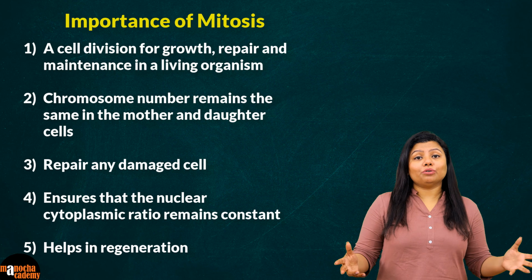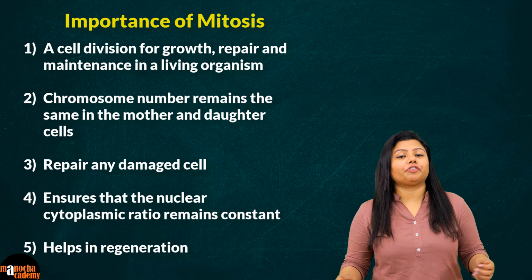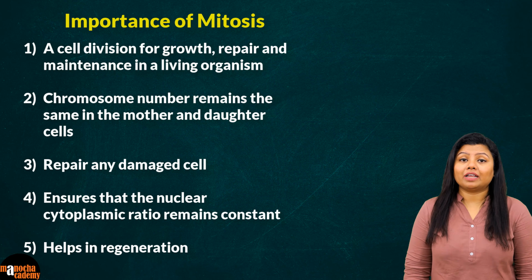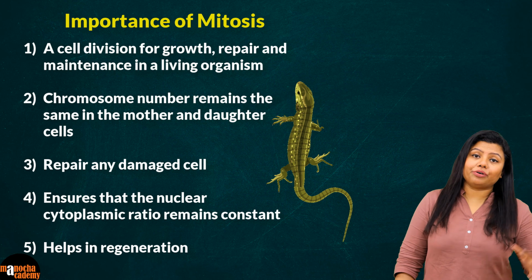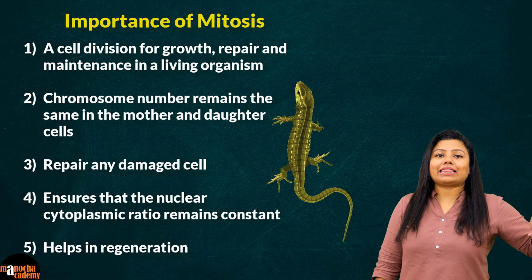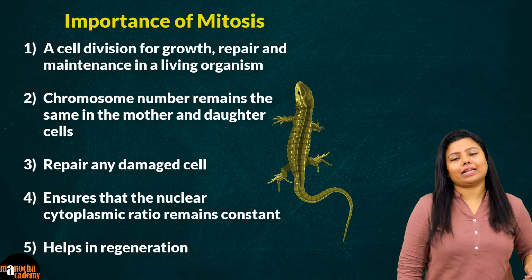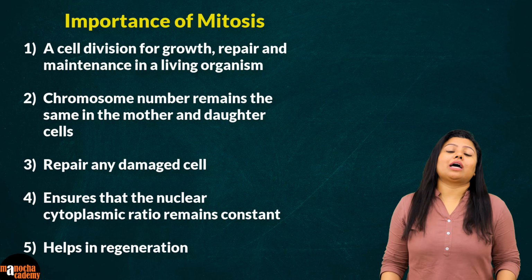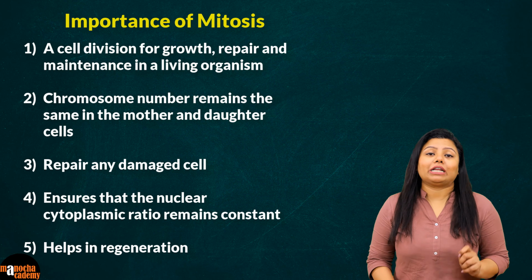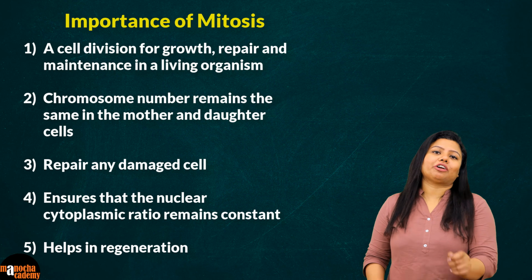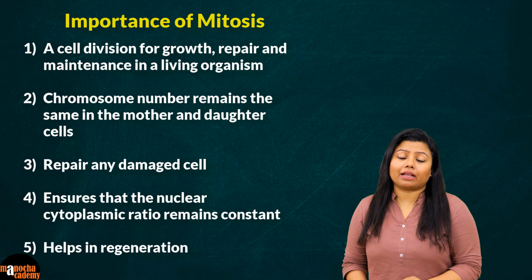Like when you lose a certain part of your body, you can't regenerate it, but if the lizard loses its tail, then it can regenerate or reform its tail, and that is because of mitotic cell division. So as you can understand, most of the cells of our body undergo mitosis except the ones which are forming sperm and egg.